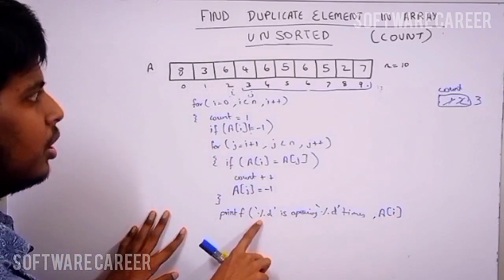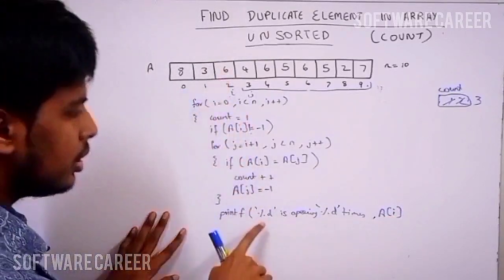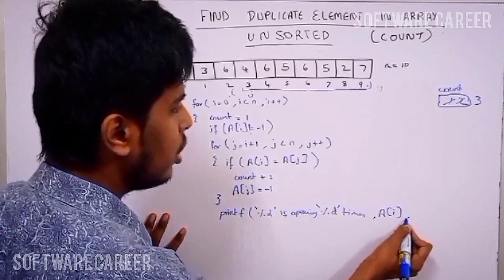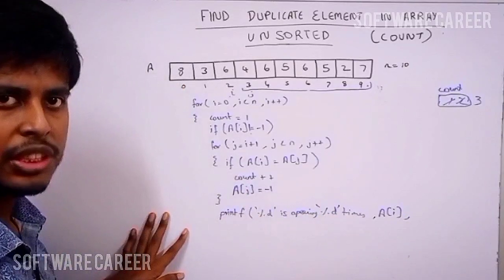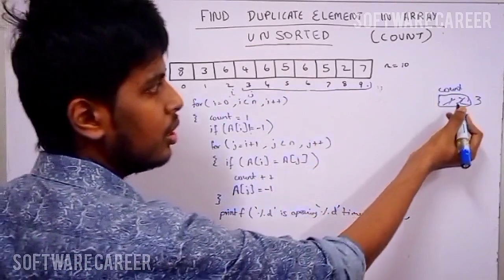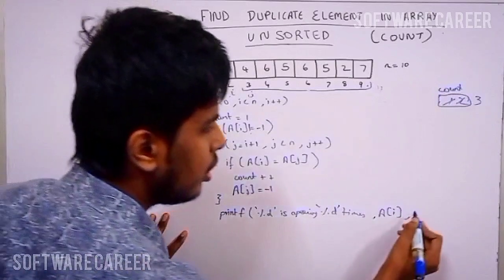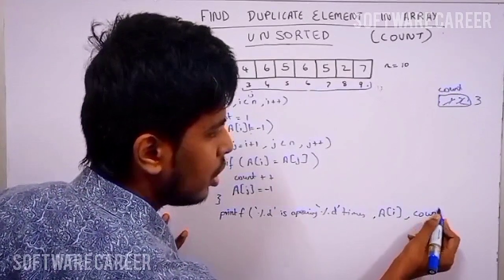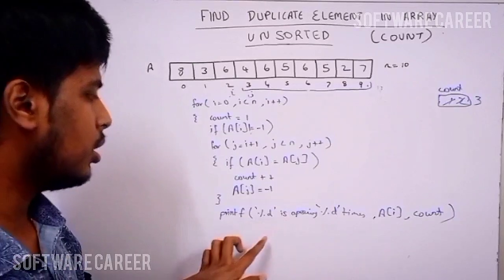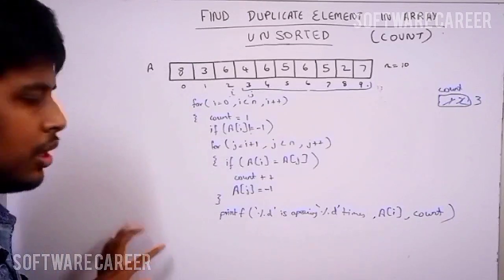So here it will print a of i, which is 6. 6 is appearing percentage d times. Percentage d for this is the number of times it's present in this array. 6 is present 3 times. So what is 3? 3 is count. So I am writing count here. This is how you should print the number of times it's appearing.